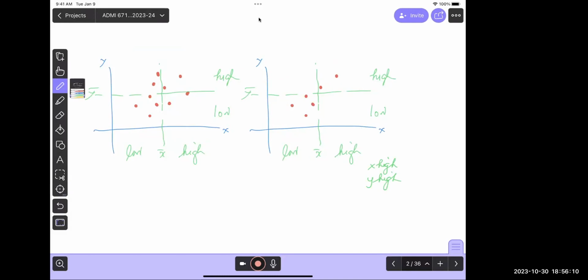Low. So these reinforce each other. When x is high, y is high. When x is low, y is low. So this is an example of a positive relationship because these are positively reinforcing.